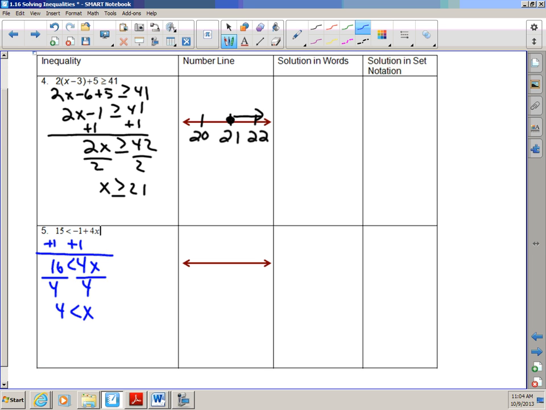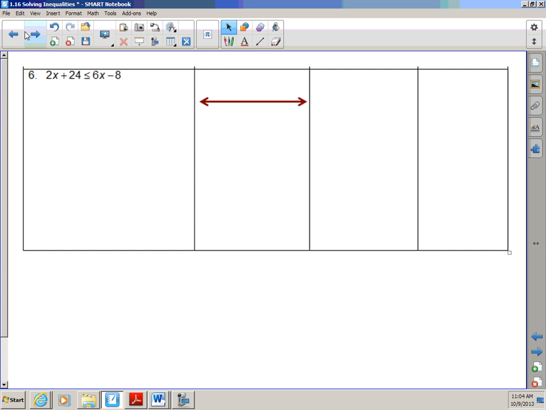Now, you would read this as x is greater than 4, and you can reverse it if it helps you visually. 3, 4, 5, open circle. I read it as x is greater than 4. I'm going to the right with it. Okay? I'm going to move on to the next 2 problems. You can always pause the video if you need to.